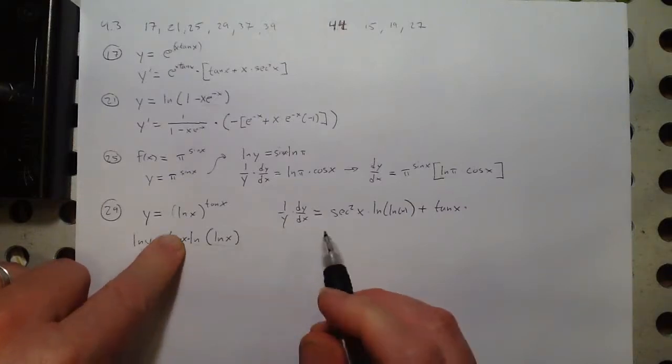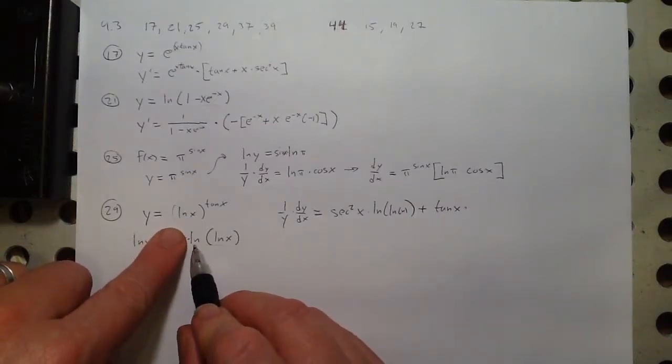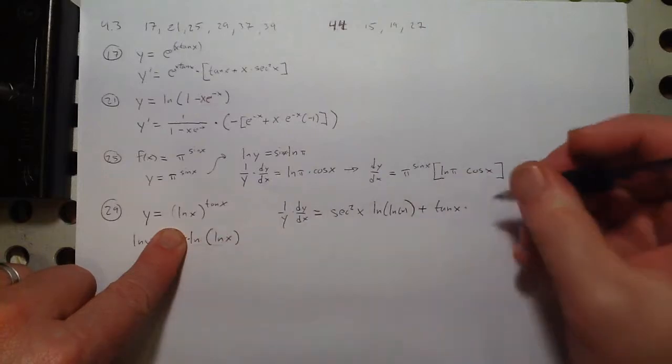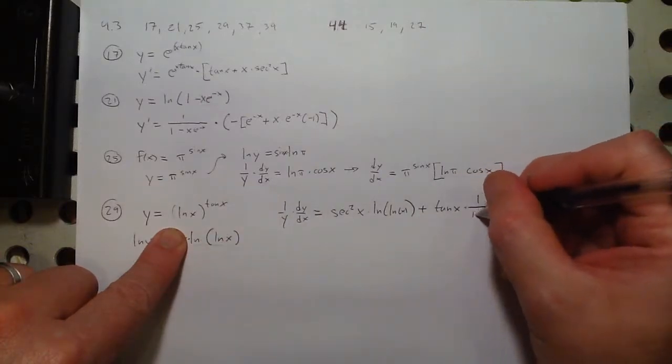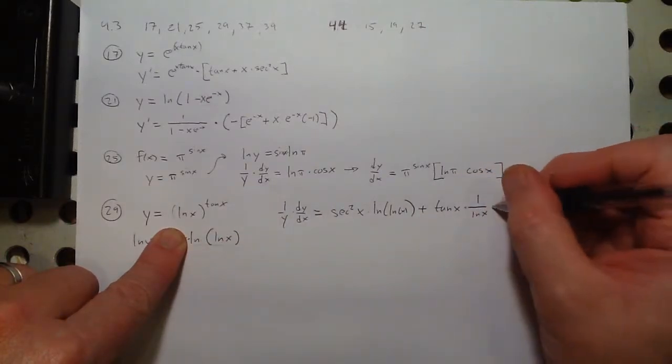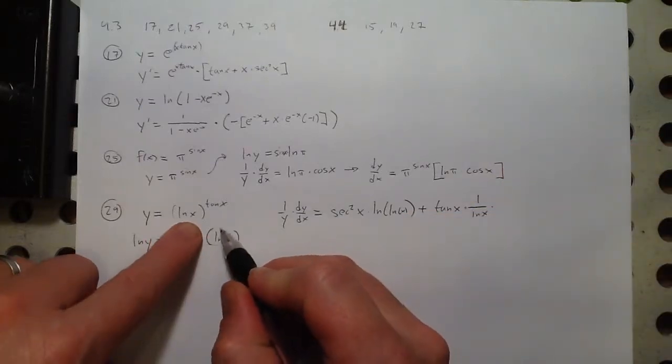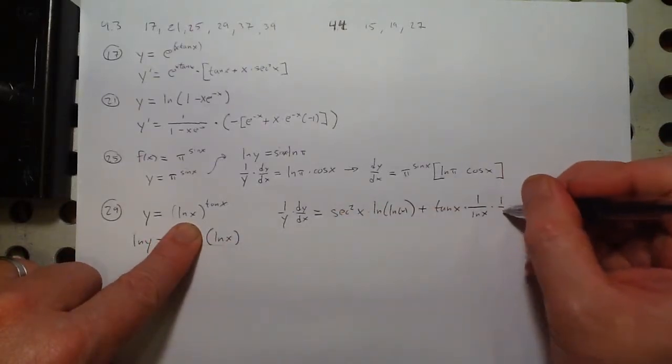This is the second here. So the derivative of natural log of whatever is 1 over whatever times the derivative of what's inside.